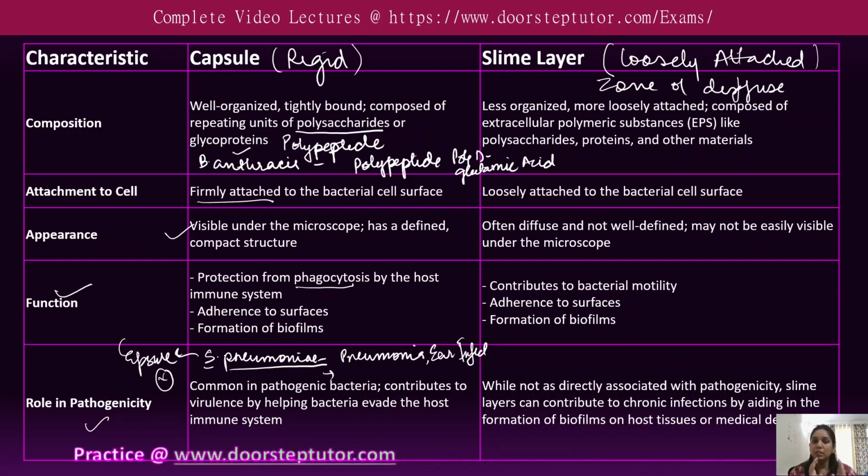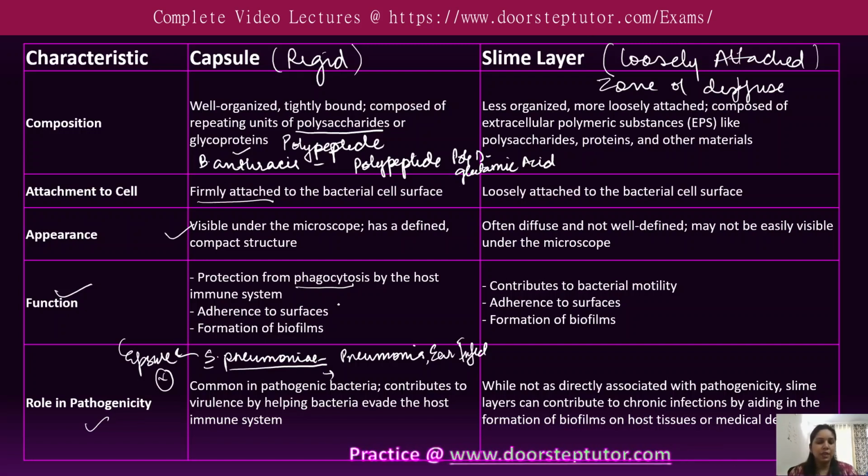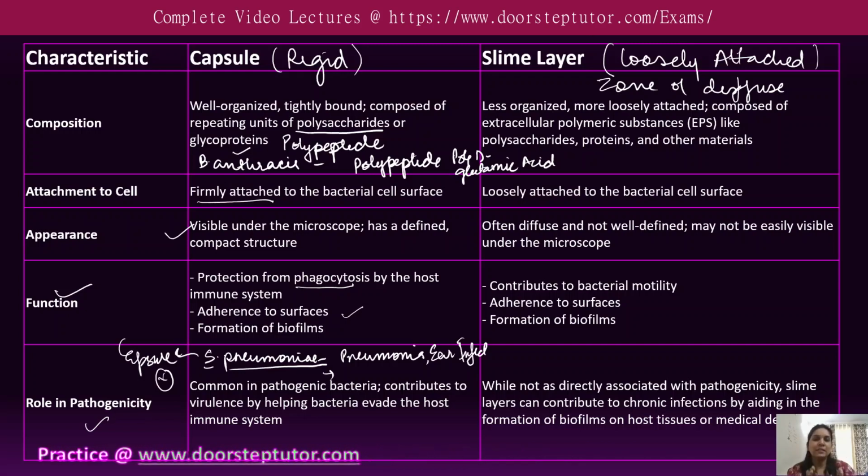Otherwise, if the capsule is not present, they are detected as a foreign body in the host organism and get phagocytosed by the host immune system. They are also responsible for biofilm. So these are the general characteristics of the capsule.